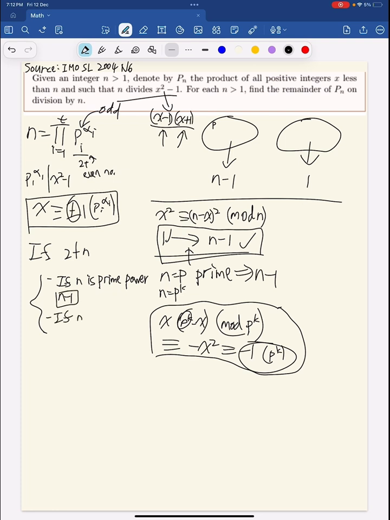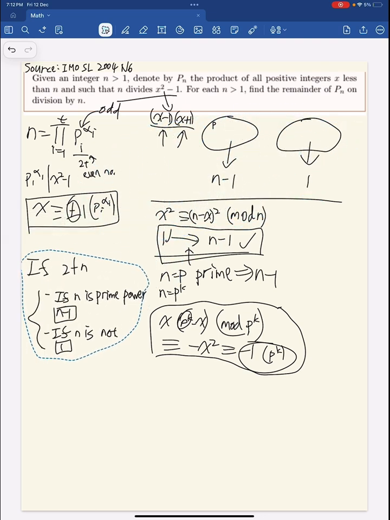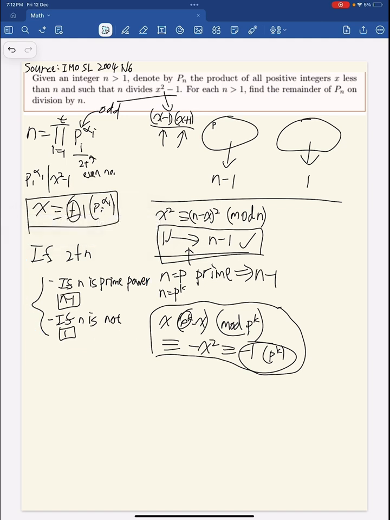If n is not, the answer is 1. So that is part of our answer. Then we can put these in the correct boxes. This is now extended to p to the k, and this is now all odd non-prime-powers.